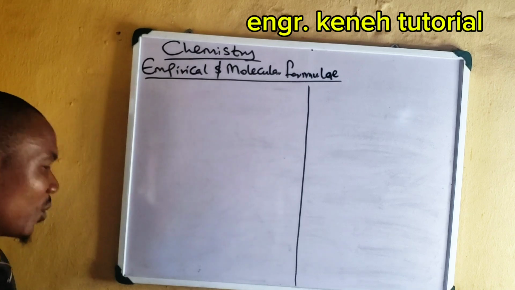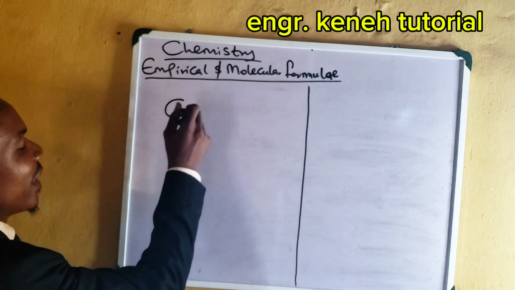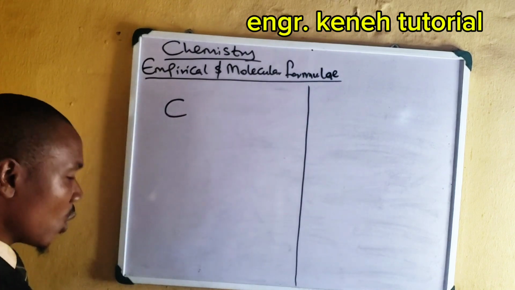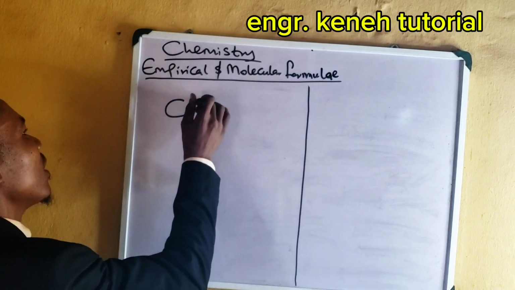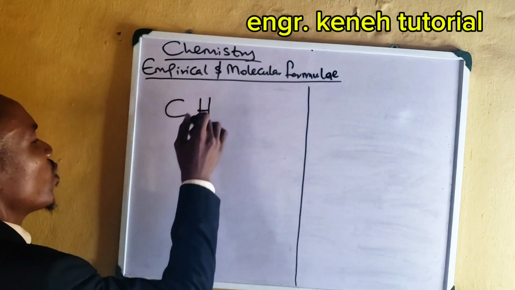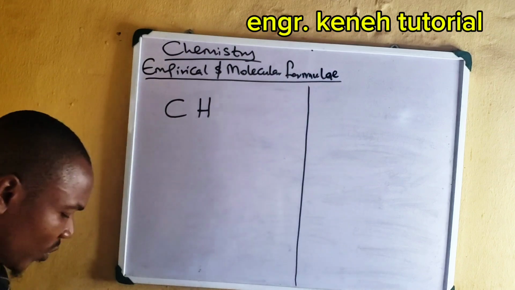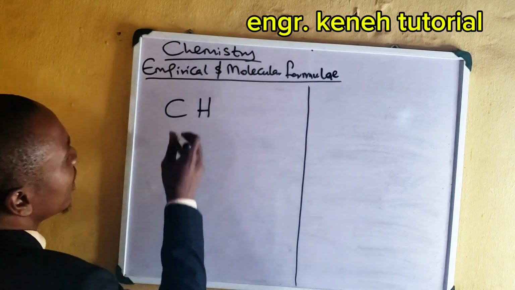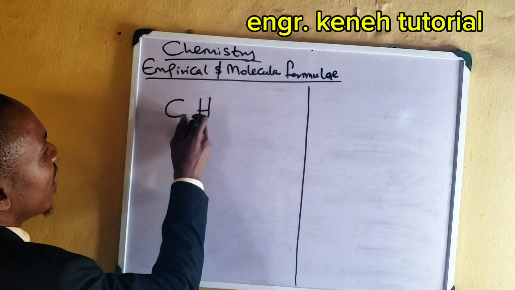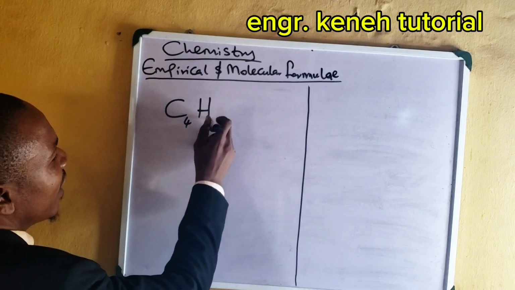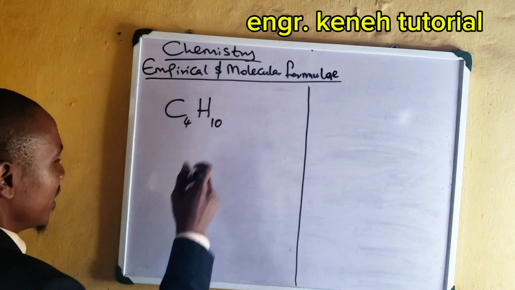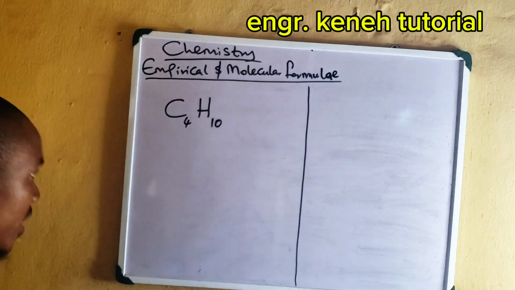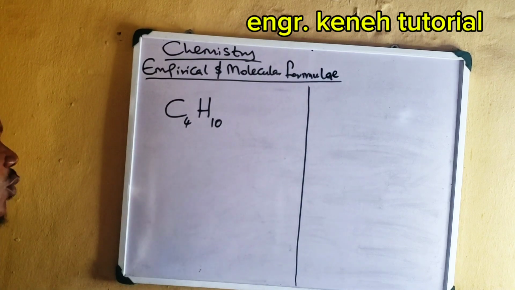If I'm talking about a compound that contains only hydrogen and carbon, that is a hydrocarbon. Maybe this is butane. When I have butane, I have something like this. So this is the molecular formula of butane.